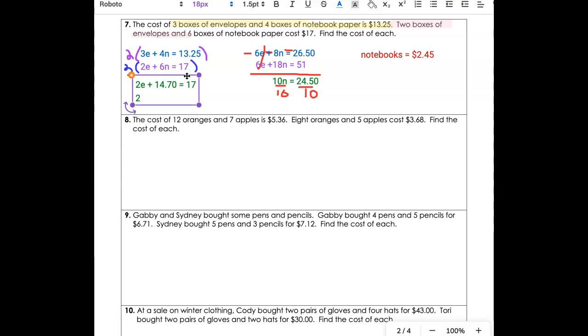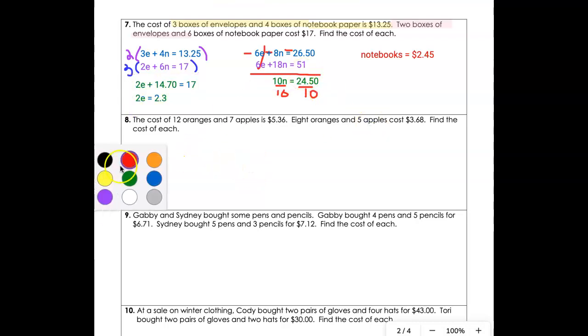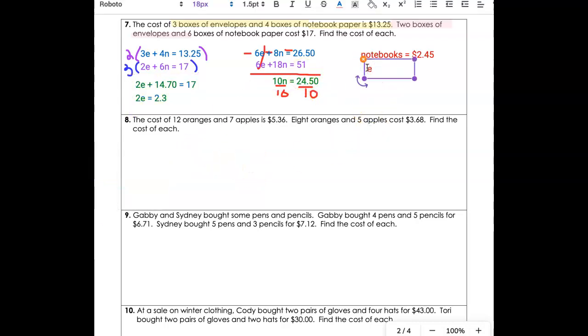Subtract my 1470 from both sides, so 17 minus 1470 gives me 23, or 2.3, I'm sorry. And then when I divide that by 2, you can tell I'm really not feeling very well today. Once I divide 2.3 by 2, I get that the envelopes are going to be $1.15.